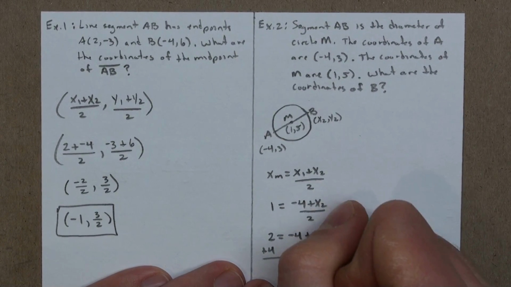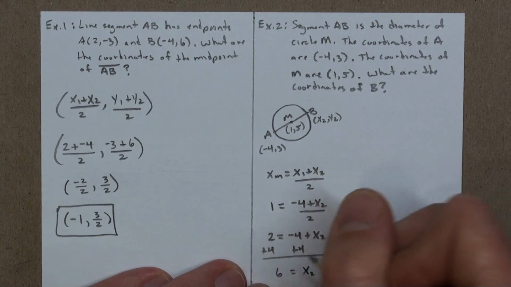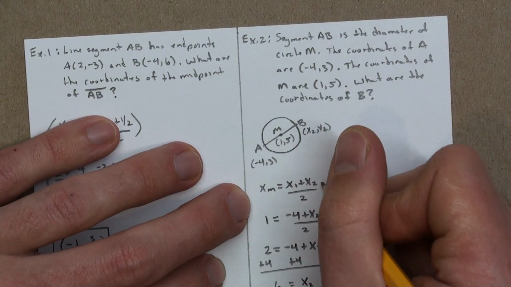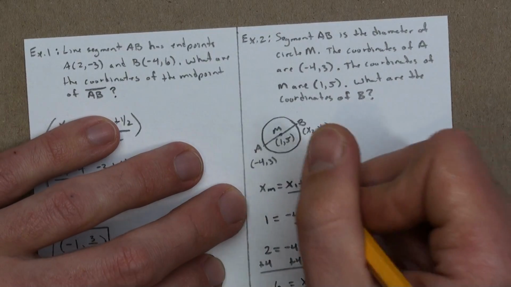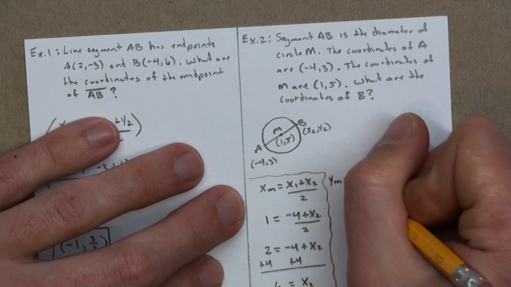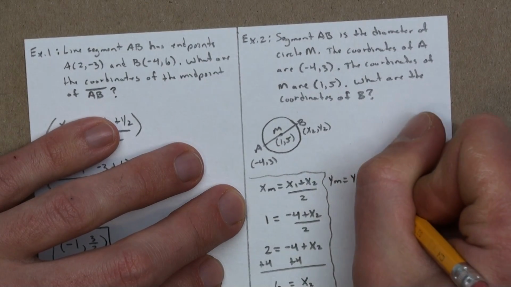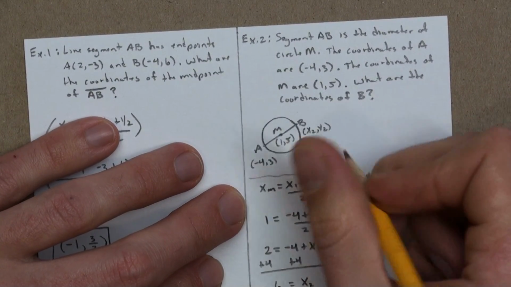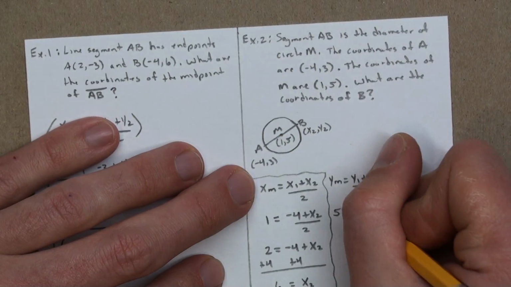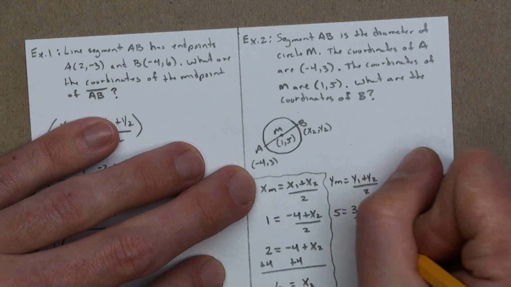And we get x2 is 6. Now we're going to do ym equals y1 plus y2 over 2. The y-coordinate is 5 equals y1, which is 3, plus y2 over 2.